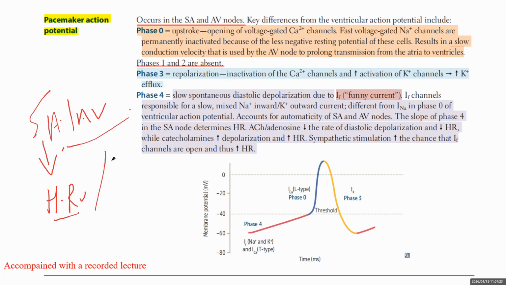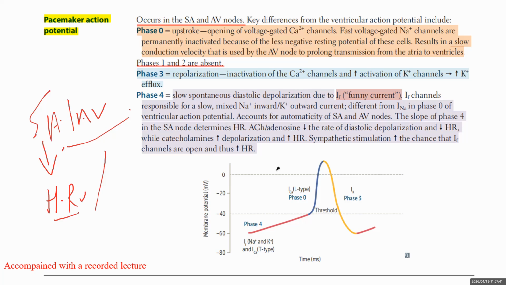When discussing the pacemaker action potential, the main example is the SA nodal action potential. And the pacemaker cells do not have any stable resting state.